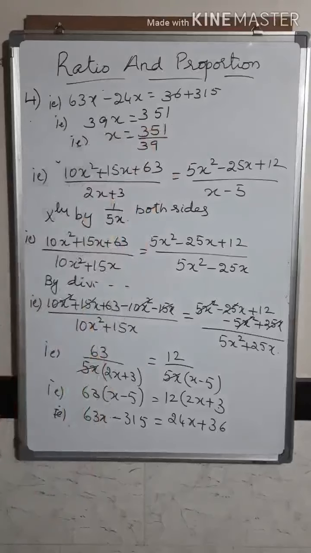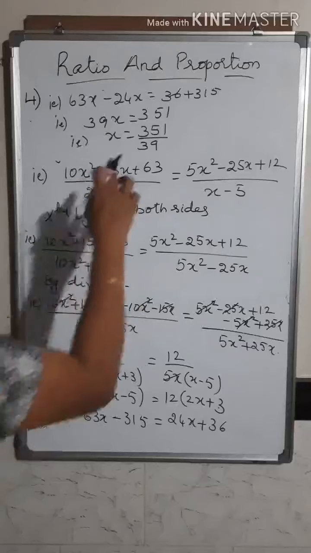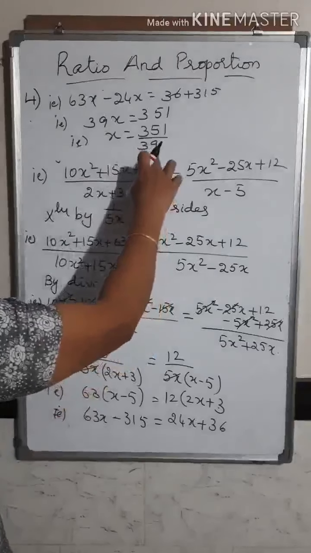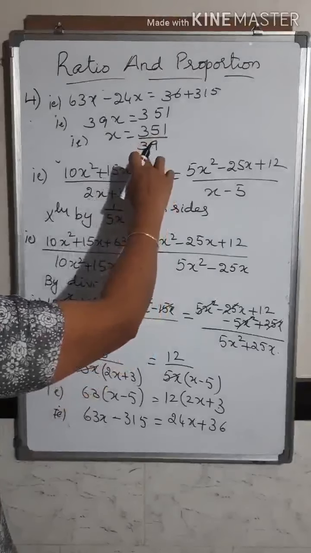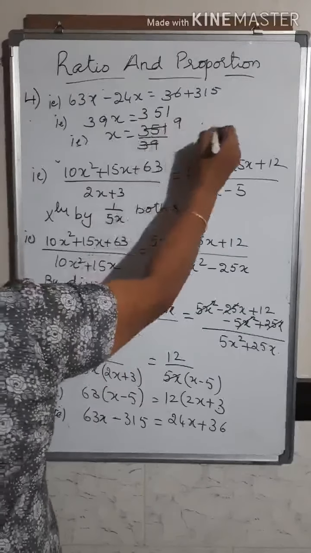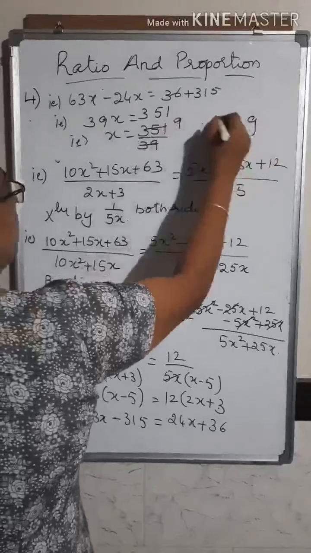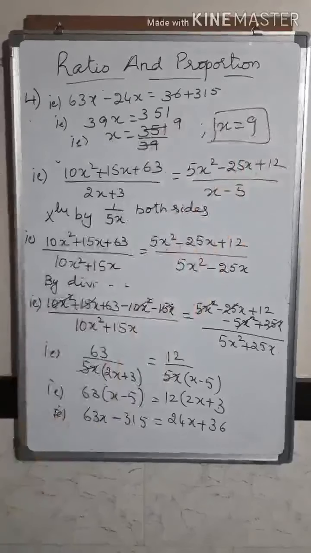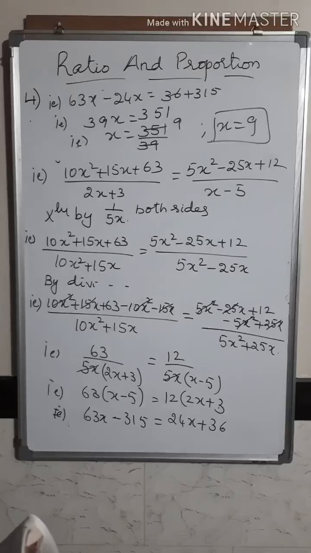Now if you can cancel it, you have to cancel it. 9 9s are 81, 9 3s are 27, so it goes 9 times. So you get the value of x is equal to 9. So the solution is x is equal to 9. This problem is a little bit lengthy, but if you understand which property you have to use, you can easily complete it.